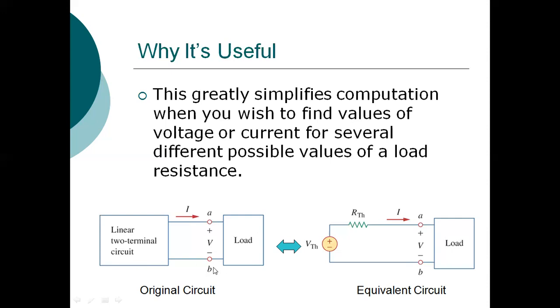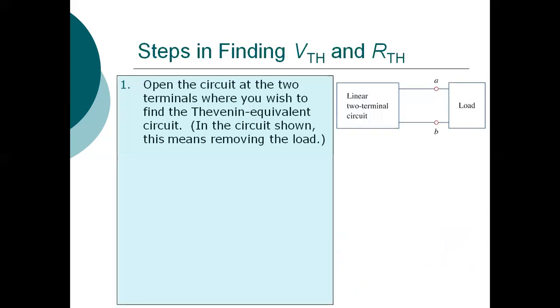So instead of analyzing the whole circuit every time to find the current flowing through the load, you need to analyze only this equivalent circuit. How much current is flowing through this equivalent circuit, that is all. That is the usefulness of Thevenin's theorem.